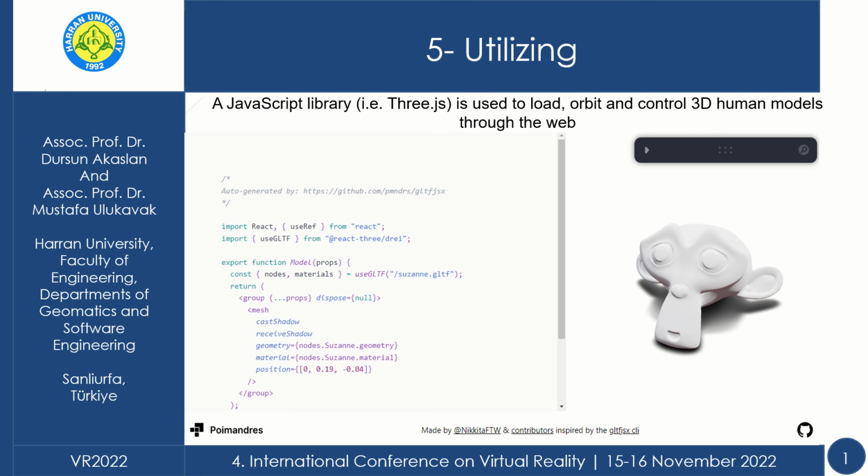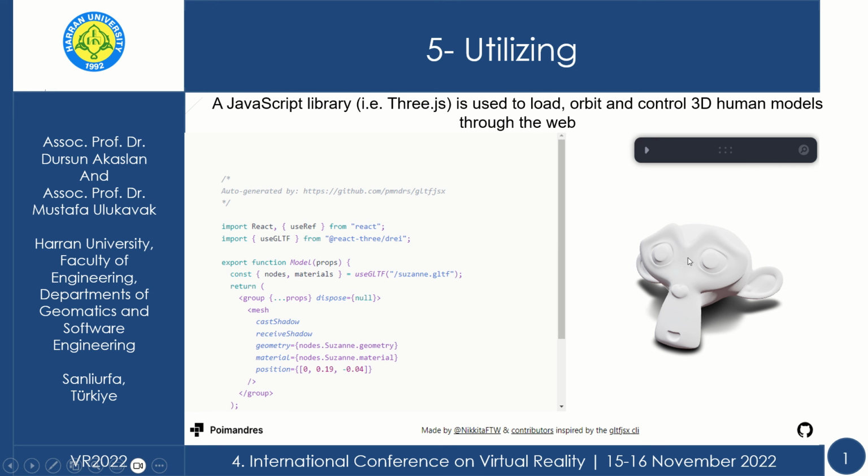Finally, we can use the object with the JavaScript library Three.js. We can use it to play and animate the human body for games or virtual reality, based on the purpose of the study. And here, can you see, we just upload the 3D models.